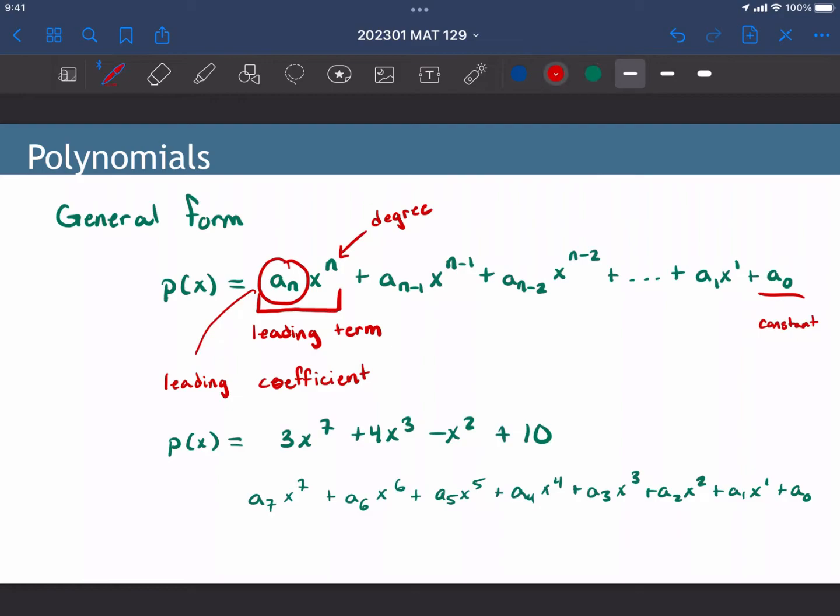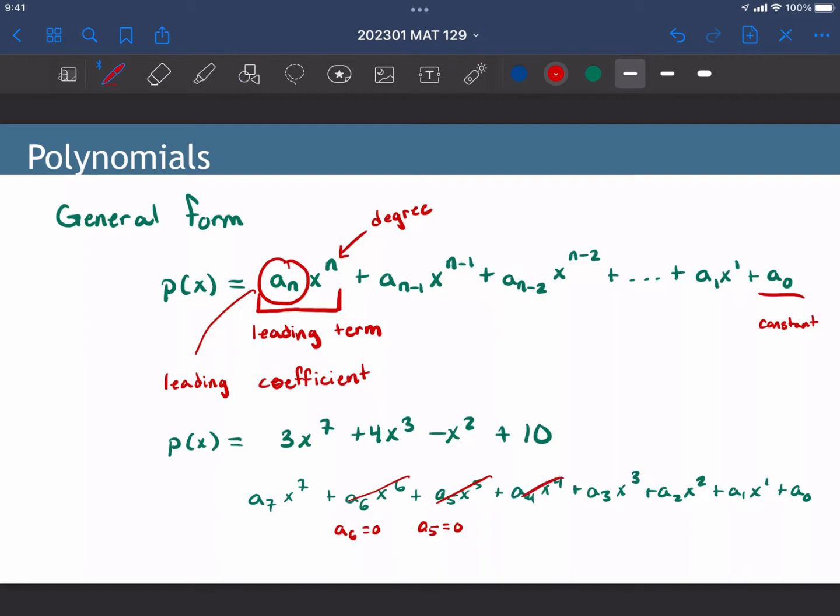Now if we look at it though, there is no 6th term. But that tells you that a sub 6 is 0, right? There's no 5th term. So in other words, a sub 5 is 0. But we don't write it, because why write plus 0, right? It's dumb. But technically speaking, the a sub 5 term is 0, right?